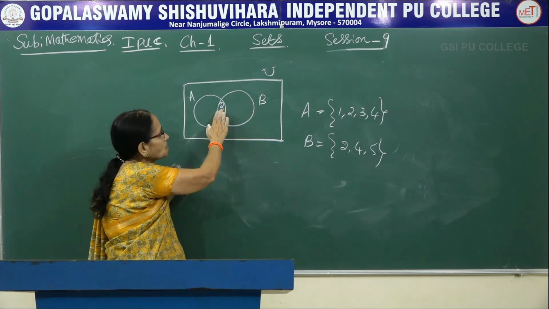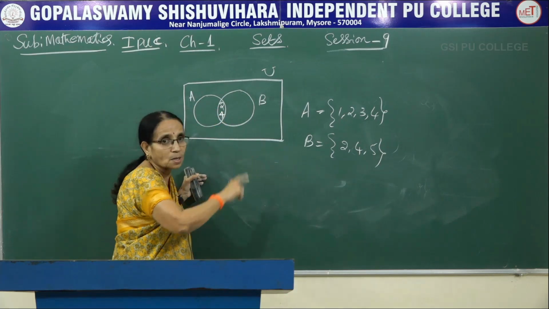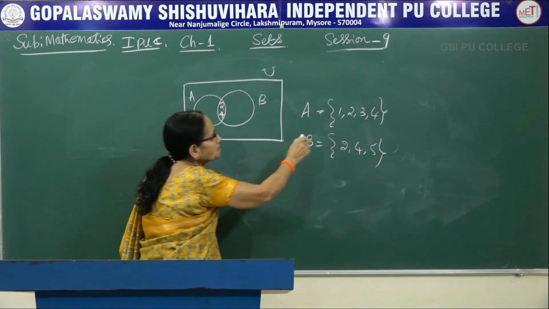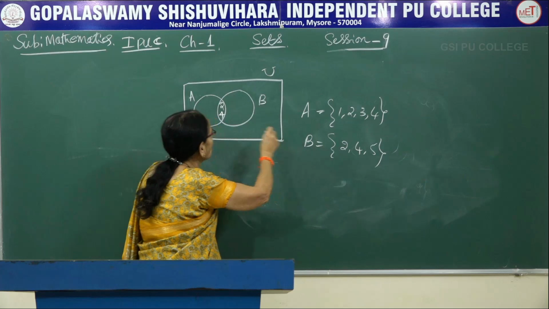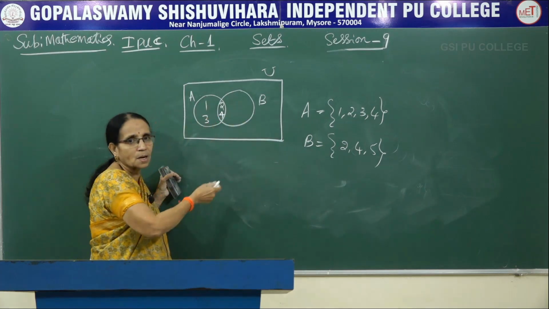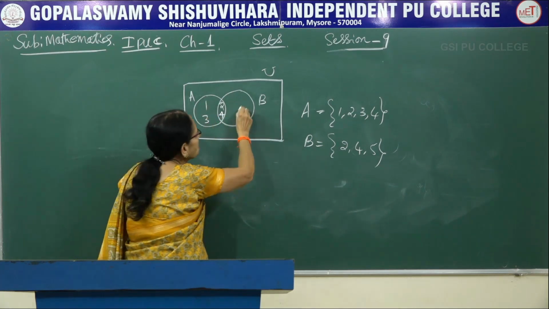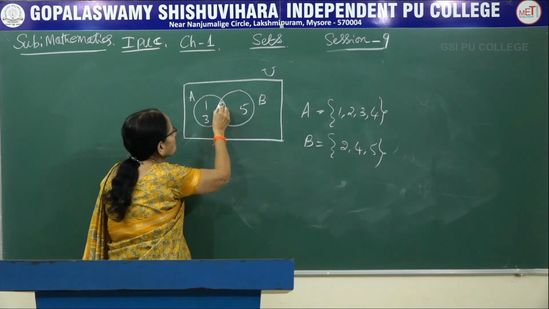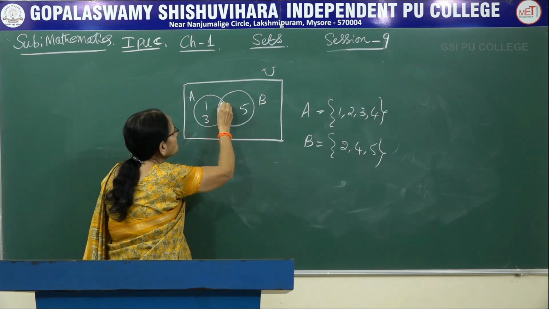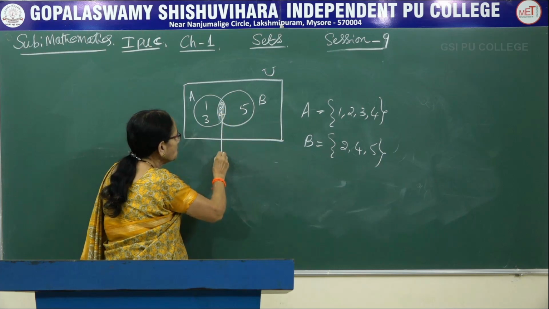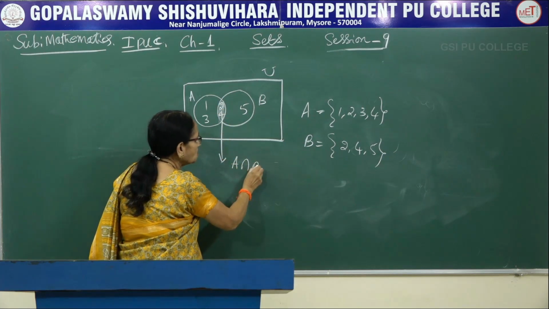In the portion which is common to both of them, you write the common elements. Now the set A contains, apart from 2 and 4, 1 and 3 in that portion, and here it contains B. So this shaded portion is A intersection B.